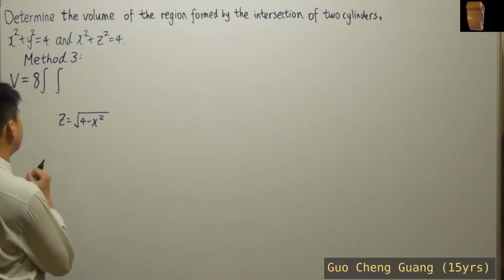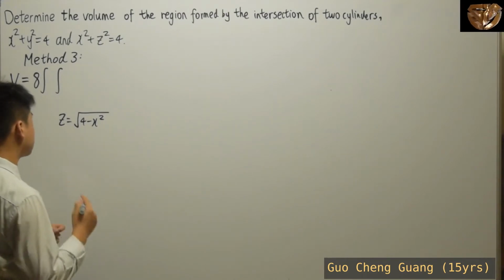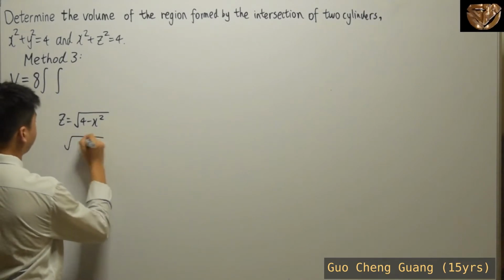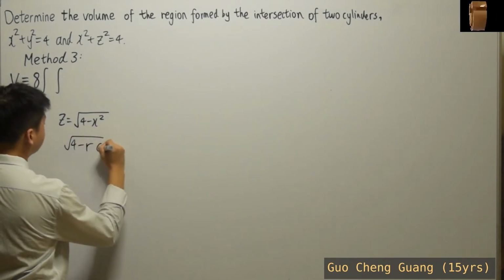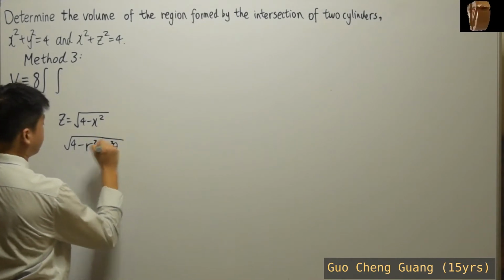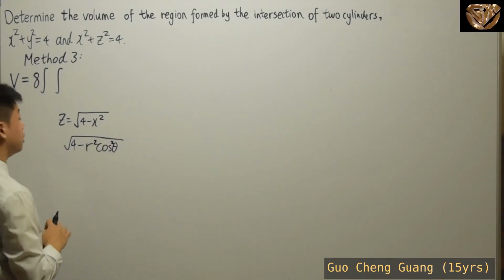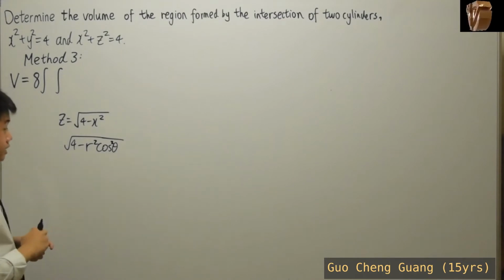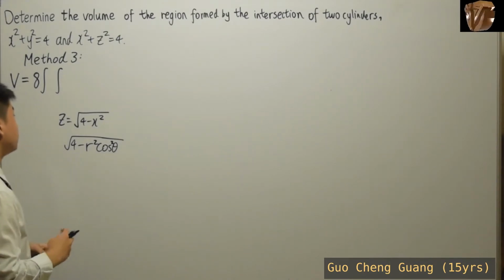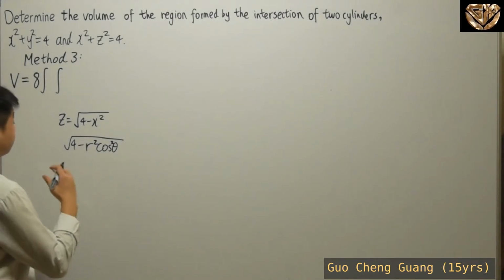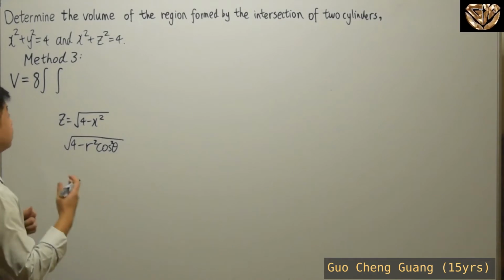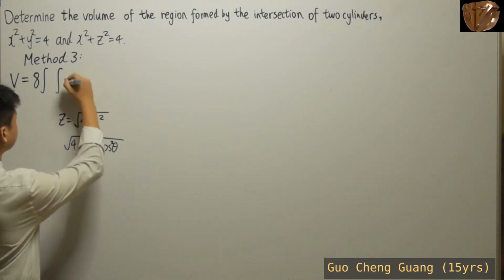Now in polar coordinates, in square root of 4 minus x squared, x is r cosine theta. So when you square that, this is what you are going to see. This is actually going to be our new integrand, since you do have this amount of height on a certain area that you have.